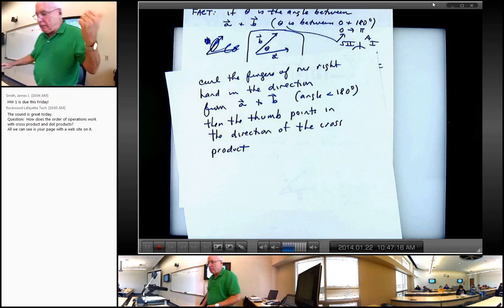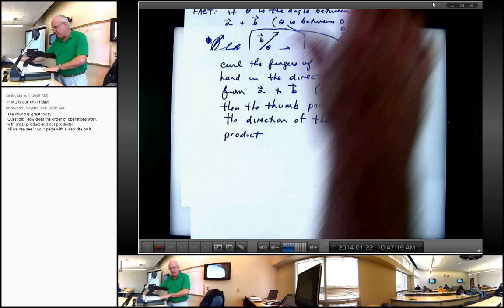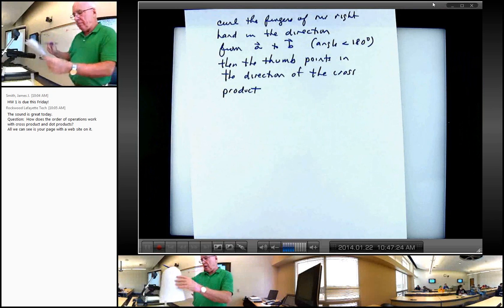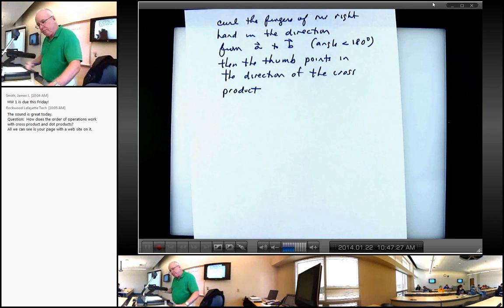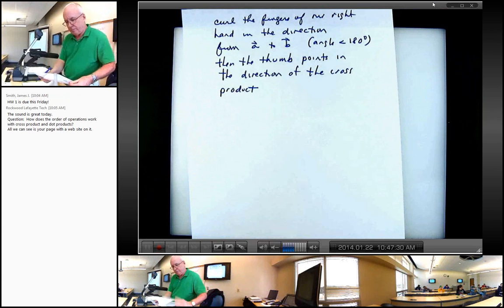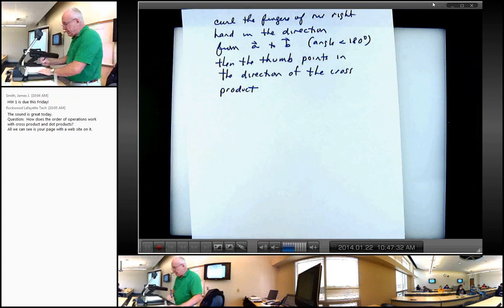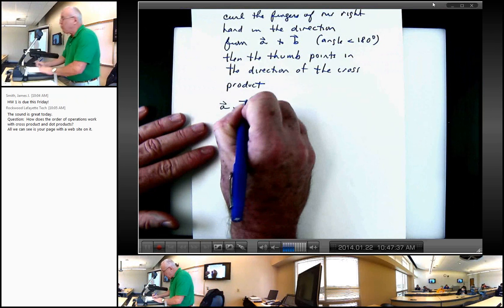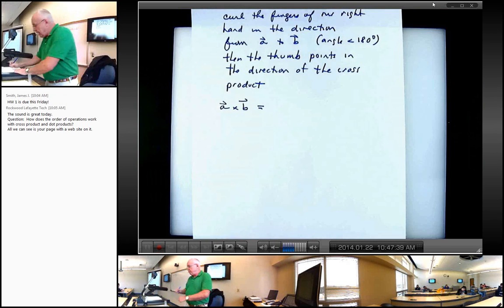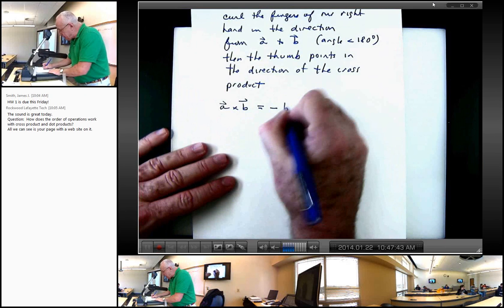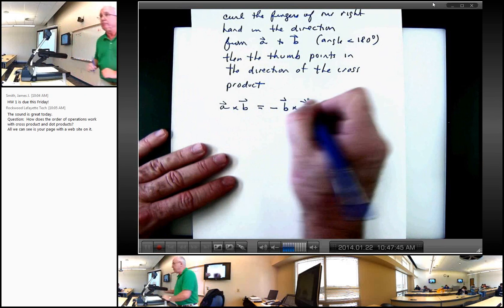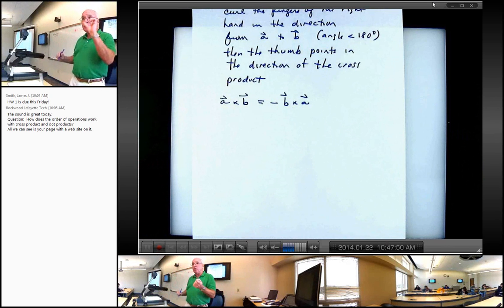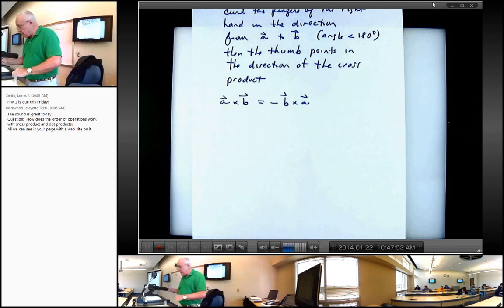All right. We're getting to that question there that you guys had asked. So one thing we want to notice here is that A cross B, if we change the order, A cross B is the opposite of B cross A. If we switch the order, it's going to make it a vector going in the opposite direction.